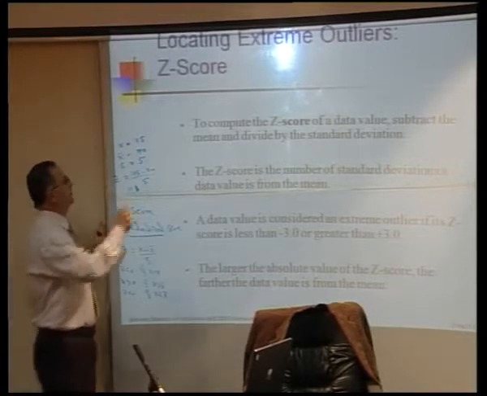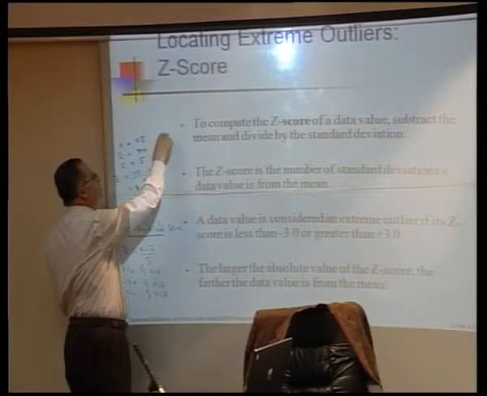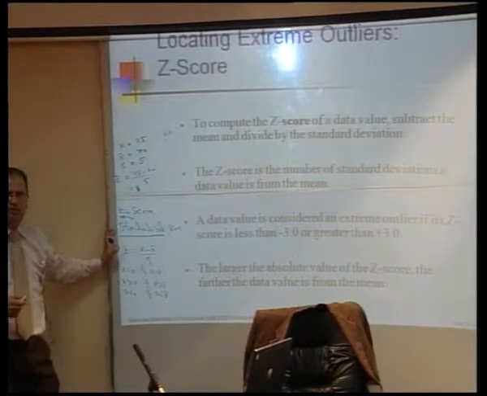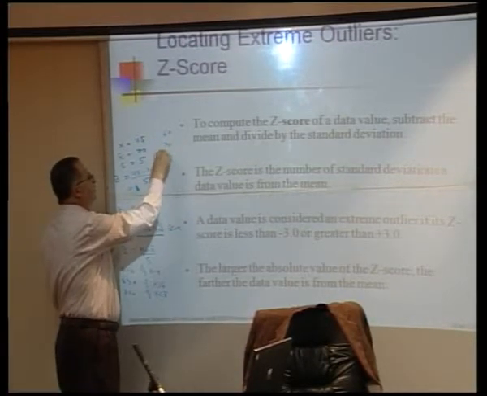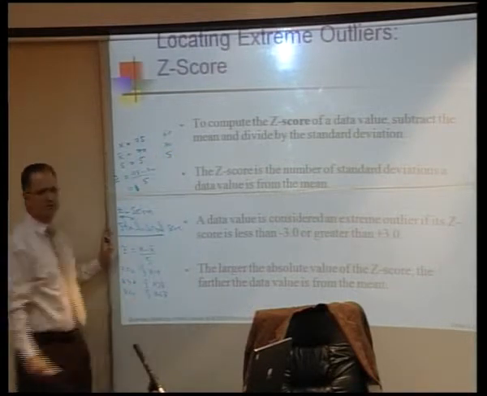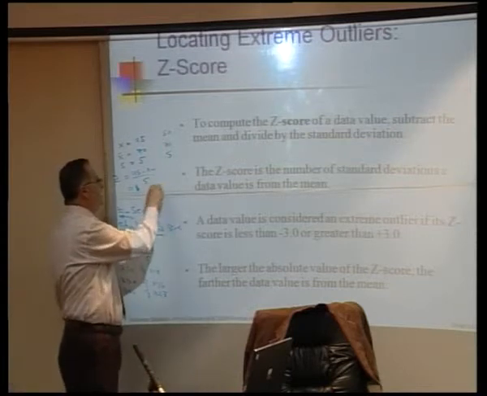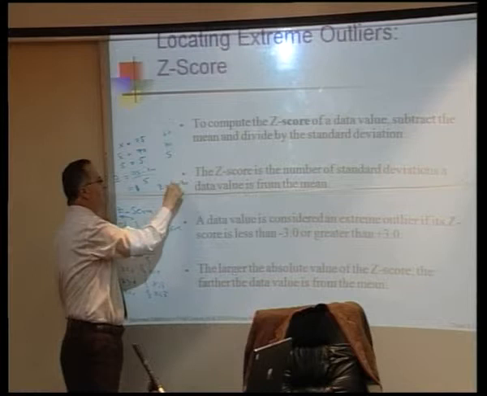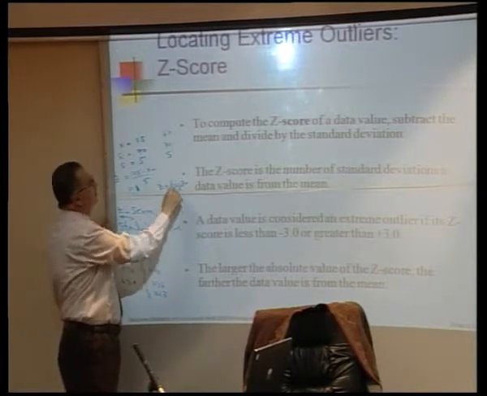Now suppose your friend has 60 in the same class, the same course. For sure the same mean and the same standard deviation. We are talking about the same class. So here this score is going to be 60 minus 70 divided by 5, so that's minus 2.